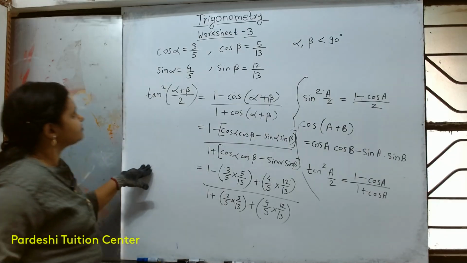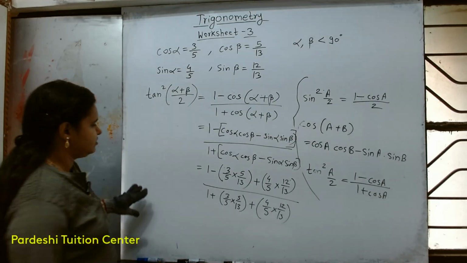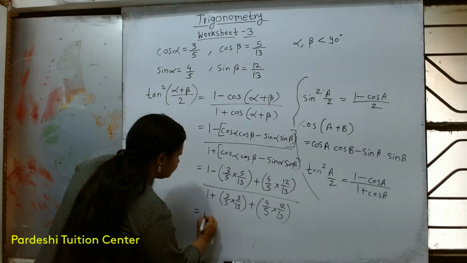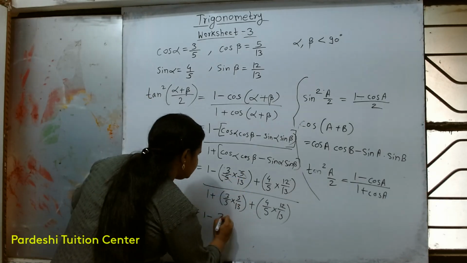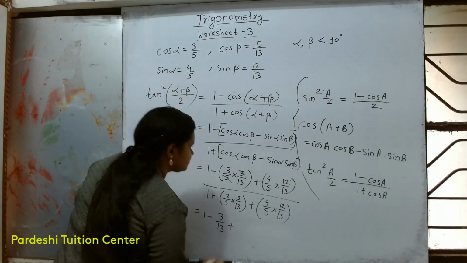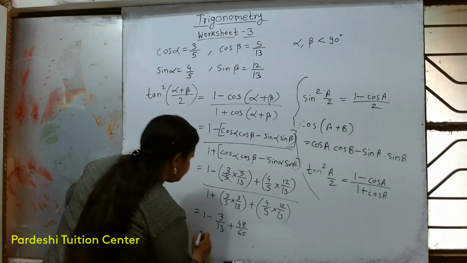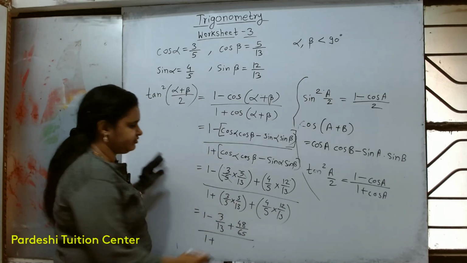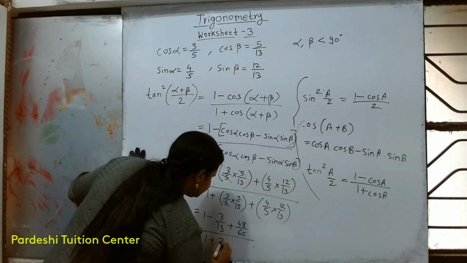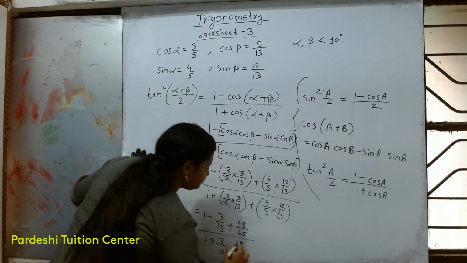Now by solving, 5 will get cancelled, it will be 1 minus 3 by 13 plus 48 by 65 upon 1 plus 3 by 13 plus 48 by 65.